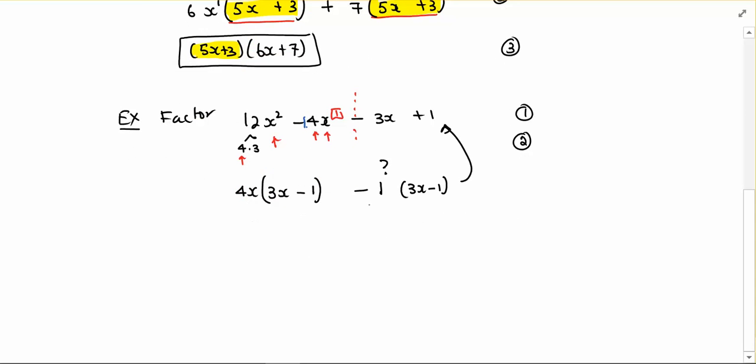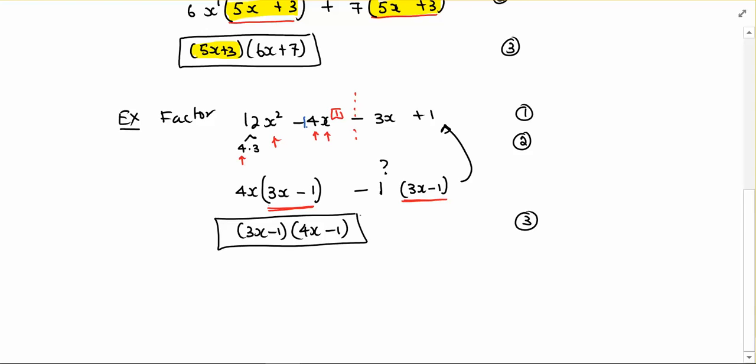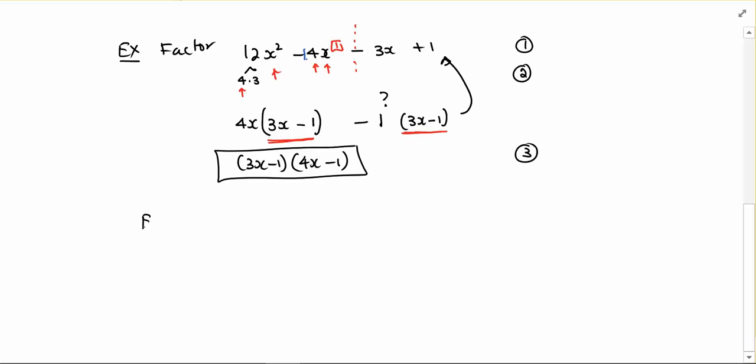So you can use this first answer right there in order to help you, because you know those two have got to be the same. So now you can do the third step of your GCF, which is to say 3x minus 1 and 4x minus 1, and that's your answer. Let's do another one.